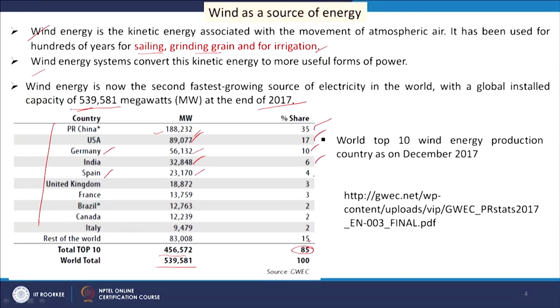Spain has 23,170 megawatt and a 4% share. The United Kingdom has 18,872 megawatt with a 3% share, then France 13,759 megawatt with 3%, Brazil 12,763 megawatt with 2%, Canada 12,239 megawatt with 2%, and Italy 9,479 megawatt with a 2% share. This is the statistics of wind energy production around the globe as per 2017 data.